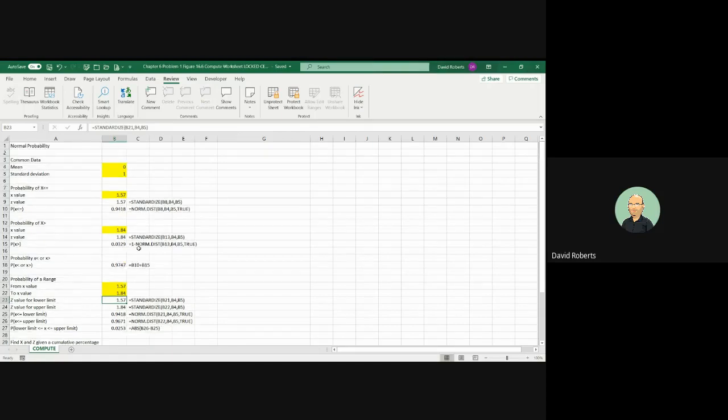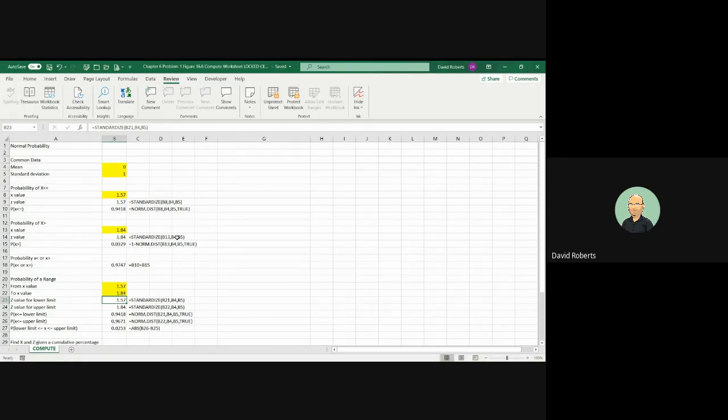So just to go over this again, if I didn't make it particularly clear, you start off with a mean of 0 and a standard deviation of 1. This is called the standardized normal distribution. So what that means is the x values and the z values will be the same because the mean is 0 and the standard deviation is 1.